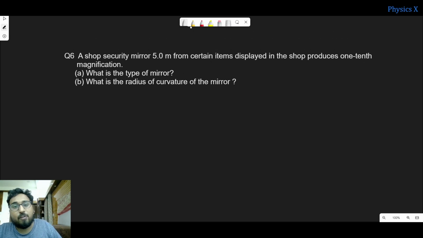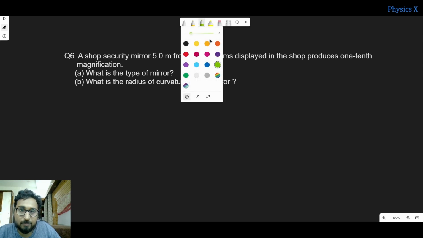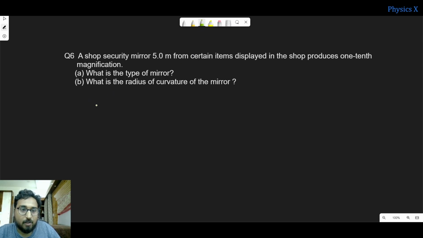A security mirror, 5 meter from certain items displayed in the shop, produces 1/10 magnification. So what is the meaning of 1/10 magnification? Magnification is 1/10. We know that m is equal to minus v by u, which is 1 by 10. So I can write v is equal to minus u by 10, right?